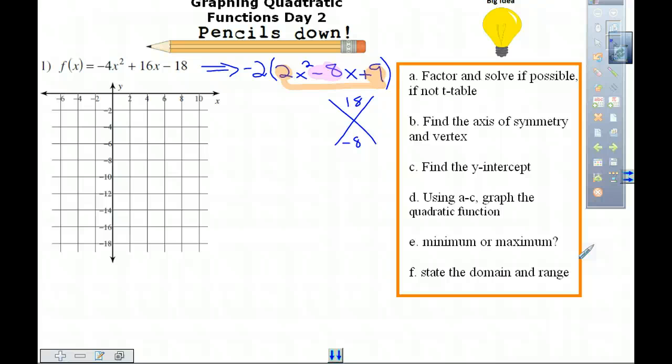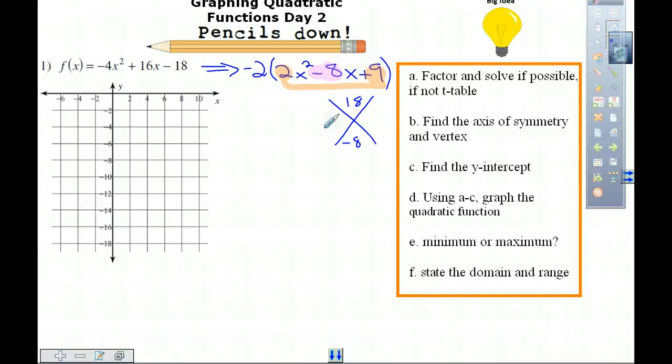It just means either the roots are going to be irrational, so the answer could be like plus or minus the square root of 14, and we can't get the square root of 14 from all this x marks the spot stuff. So it doesn't mean there are no solutions, it just means we can't get them from factoring. Or it is possible there actually are no solutions. It doesn't cross the x-axis at all. So that's what you're going to be dealing with today.